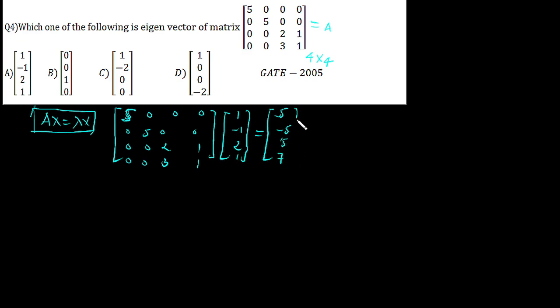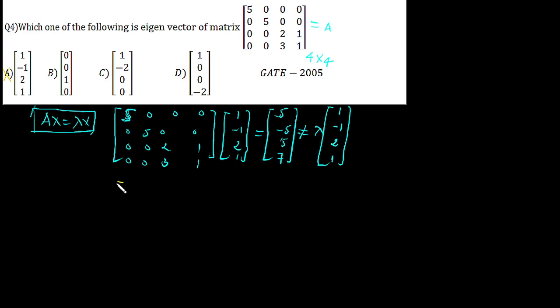Now if I want to represent this vector as lambda times the initial one, here lambda will be any real number, and the initial vector looks like this. We can easily see that we are not going to get any lambda to represent this vector in this form. So let's put not equal to here, because this condition is not going to hold for any real value of lambda. So option A does not contain the correct eigenvector for this matrix.